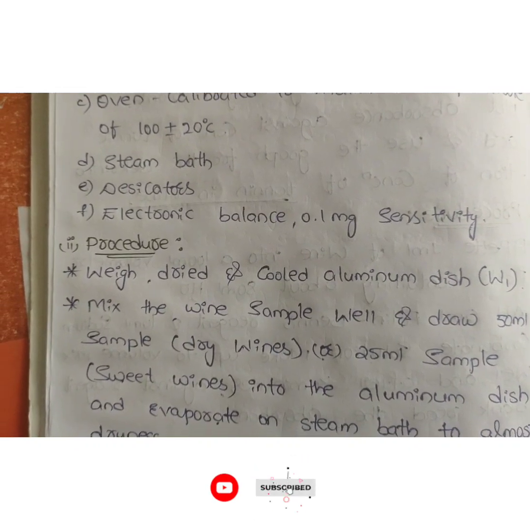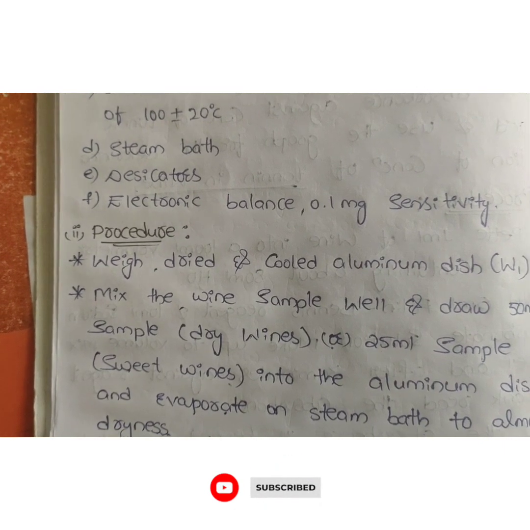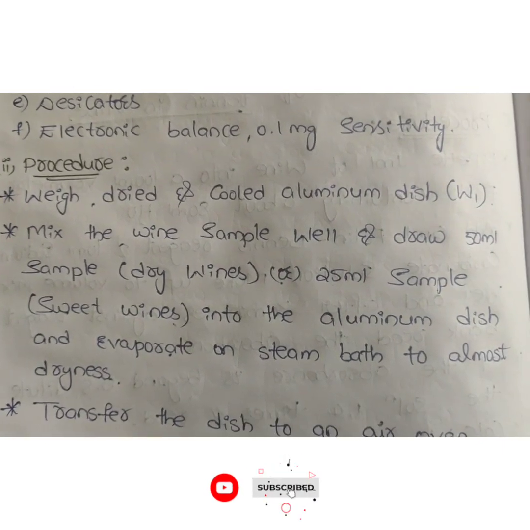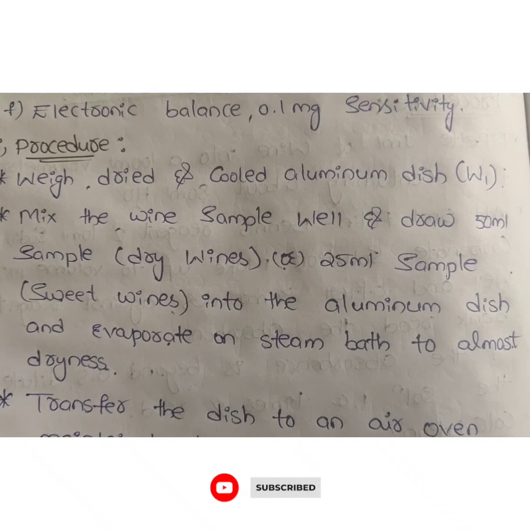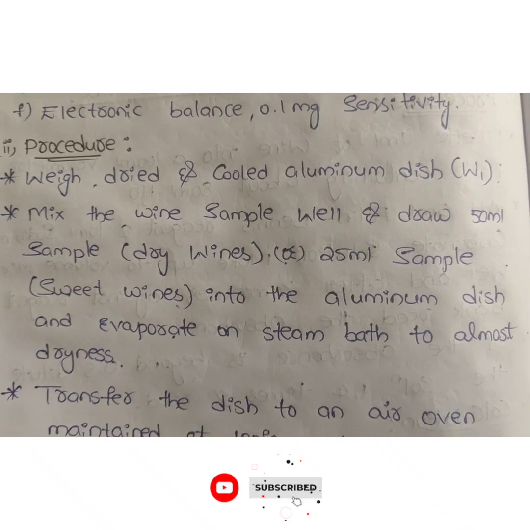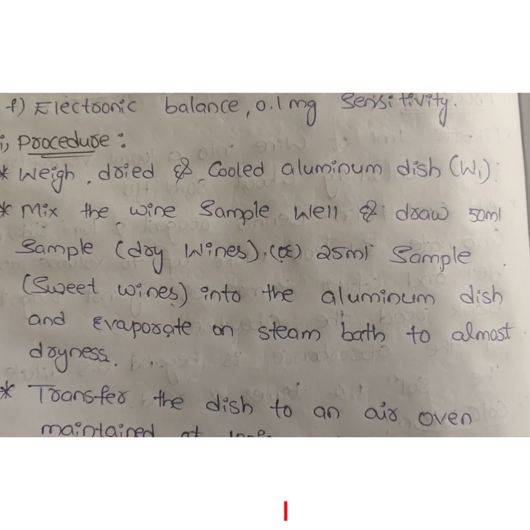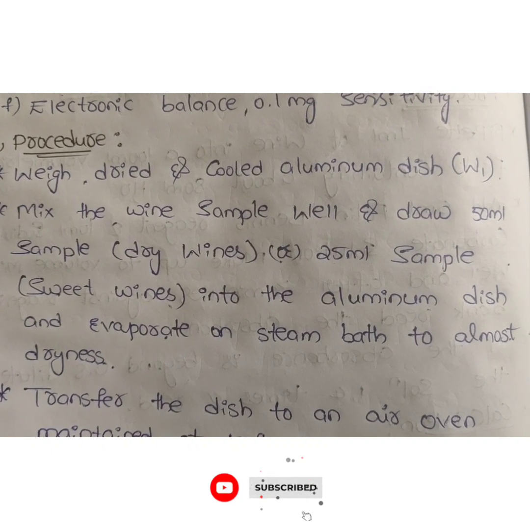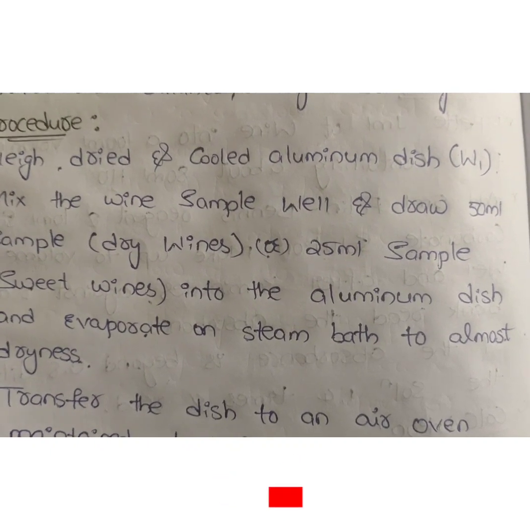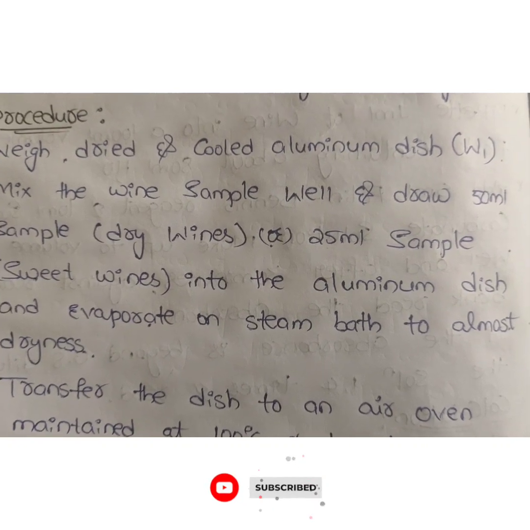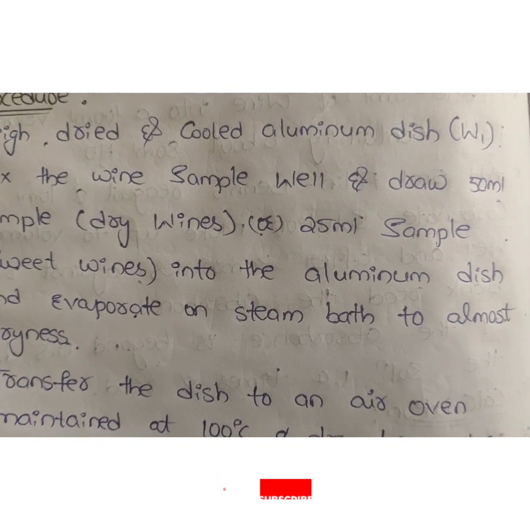Procedure for the determination of extracts in wine by evaporation method. Weigh dried and cooled aluminum dishes, mark as W1. Mix the wine sample well and draw 50 ml of sample for dry wines or 25 ml for sweet wines into the aluminum dish and evaporate on a steam bath to almost dryness.